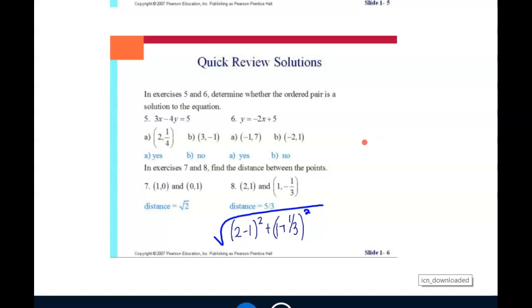In case you forget what the distance formula is, it is a variation of the Pythagorean theorem. It's kind of like a squared plus b squared, except a is the length between x1 and x2, and then you square it.